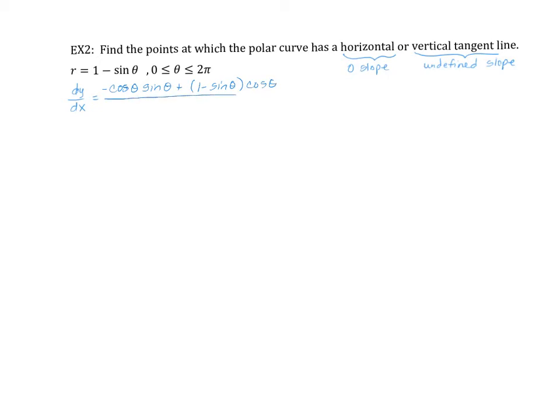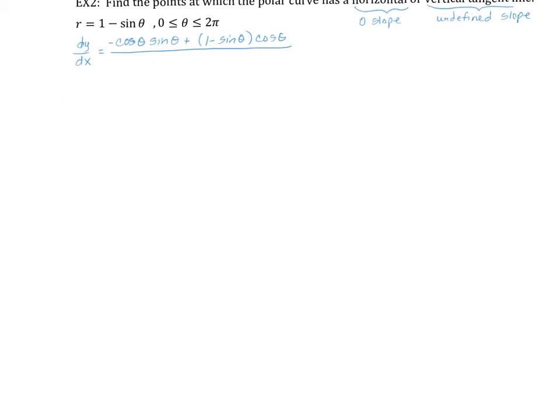This is all over negative cosine theta times cosine of theta minus 1 minus sine theta times sine of theta. You could probably write that in a nicer way. Maybe in the numerator I can distribute that cosine, and yet maybe something nicer.